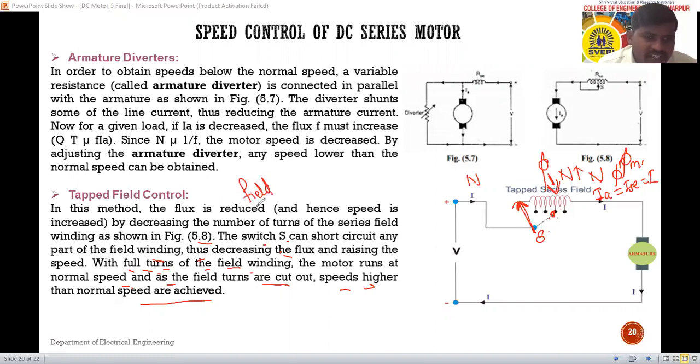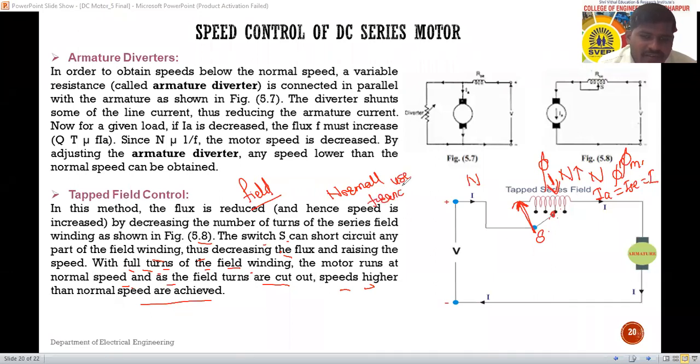In this, these are field control techniques. We are controlling the field current by reducing the number of turns. So this is tapped field control, and this method is normally used in the traction system.